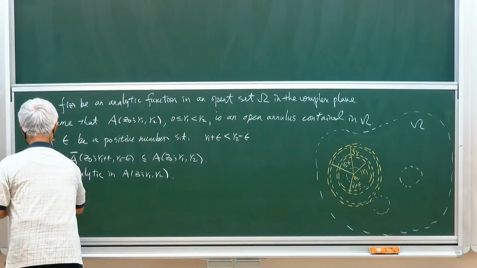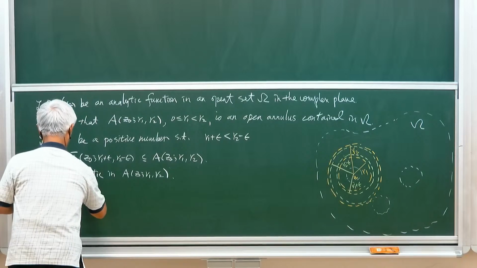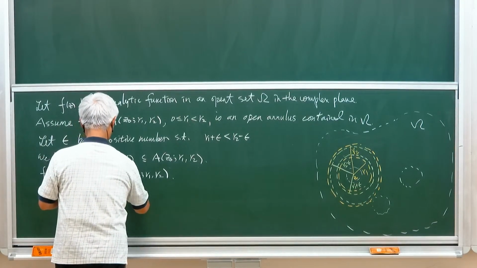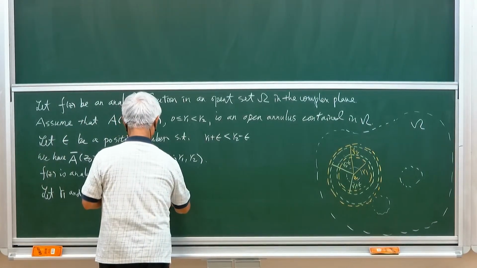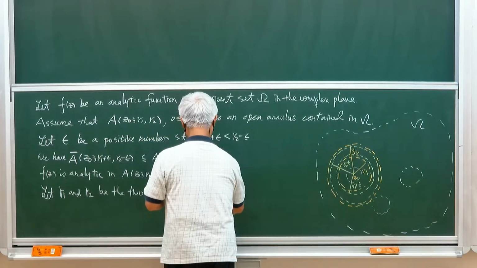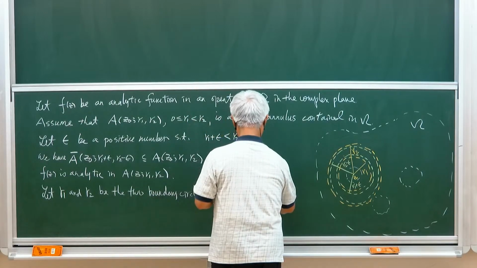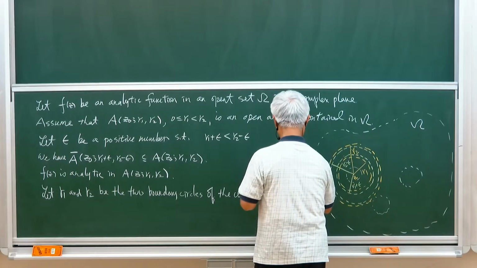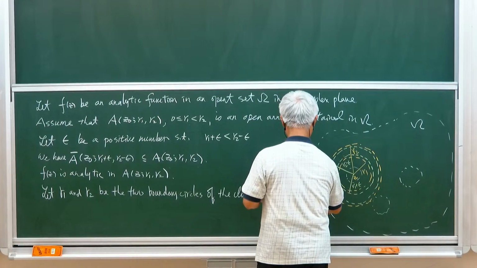All right, and we let gamma 1 and gamma 2 be the two boundary circles of the closed annulus A bar, with radii R1 plus epsilon and R2 minus epsilon.